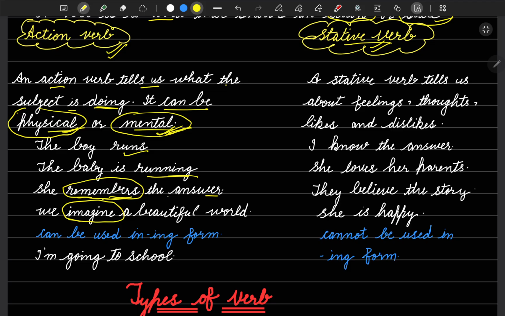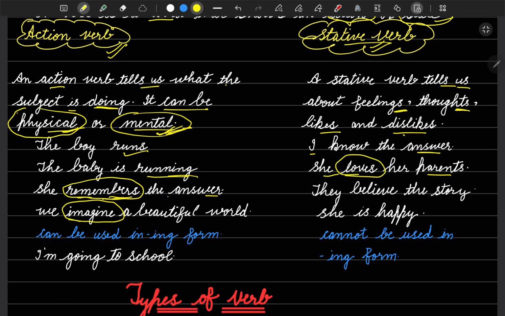Now next is stative verb. What is stative verb? A stative verb tells us about feelings, thoughts, likes and dislikes. For example, I know the answer. In this sentence we are not doing any physical work. She loves her parents.